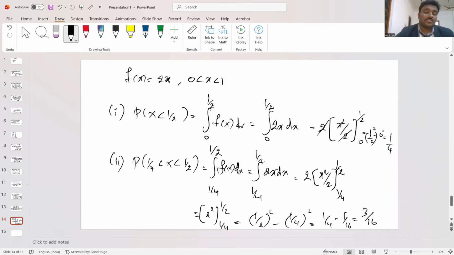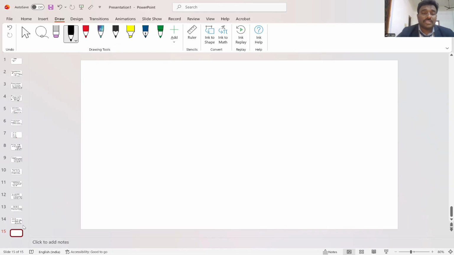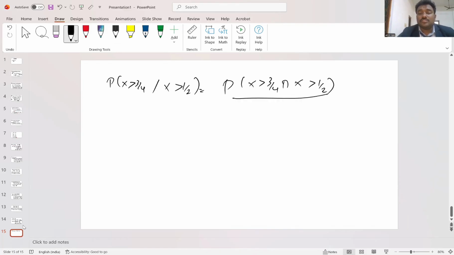So the last option is the conditional probability again. So we have already gone through what is conditional probability. Now it is a matter of continuous random variable, right? So the same formula applies here. So probability of A intersection B, right? X greater than 3 by 4 intersection x greater than 1 by 2 divided by x greater than 1 by 2.